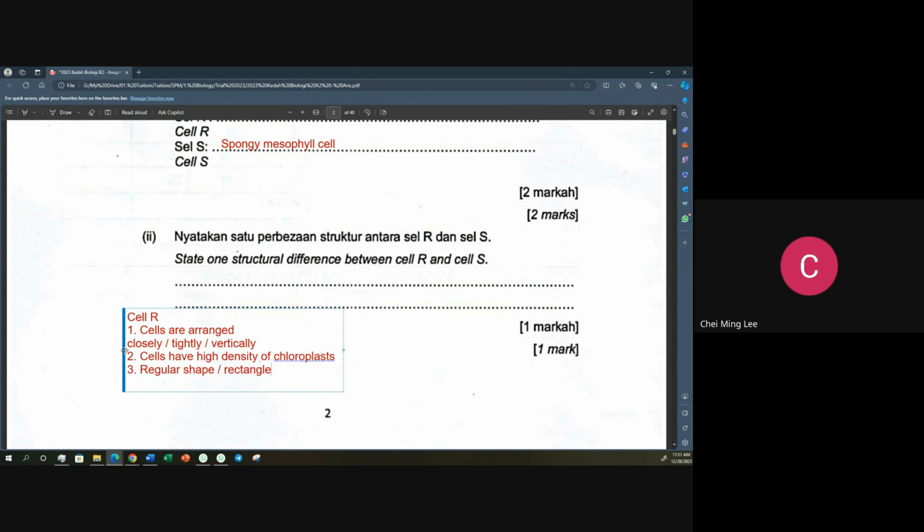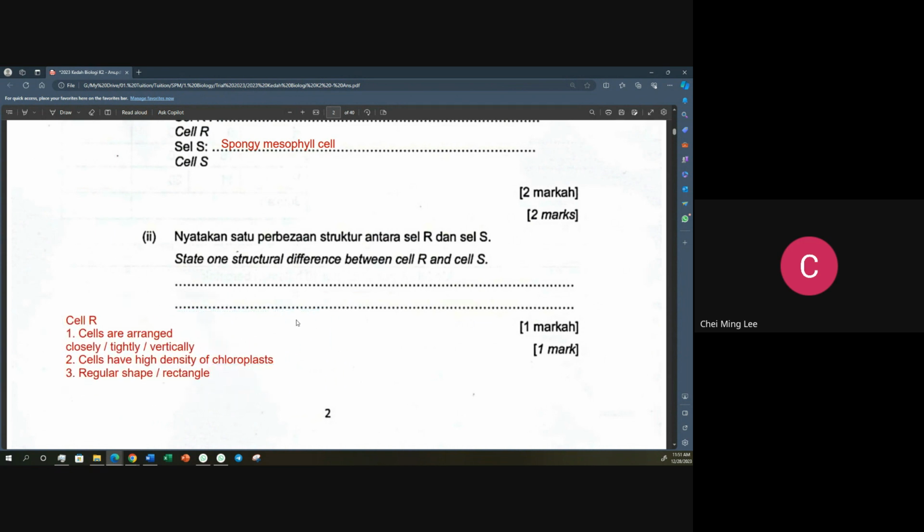So this is for cell R. Now for cell S, the cells are arranged loosely. So the cells have low density of chloroplast.